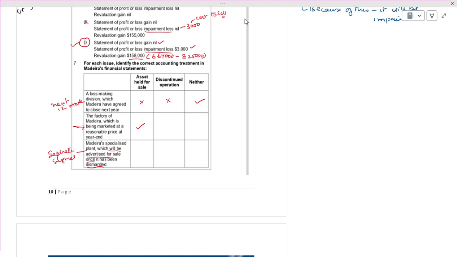See, they say that which will be means not now. Okay, which will be means which will be in future. And in future, once for advertise for sale. Once means it is not decided. Okay, once means it is not decided. Means it is in future. It is in future and it is not decided.